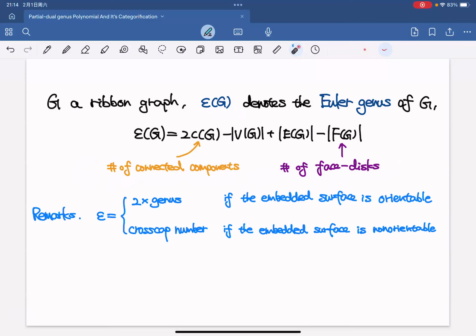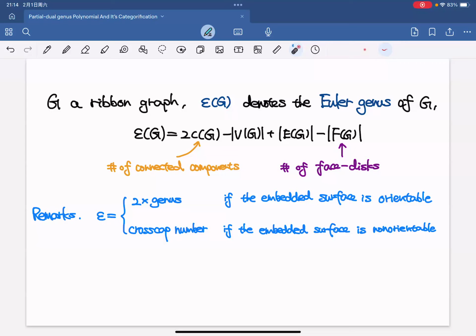This is the definition, but I just want to tell you that if we have a ribbon graph and we glue one disk along each boundary, then we will have a closed surface, and we call it the embedded surface.